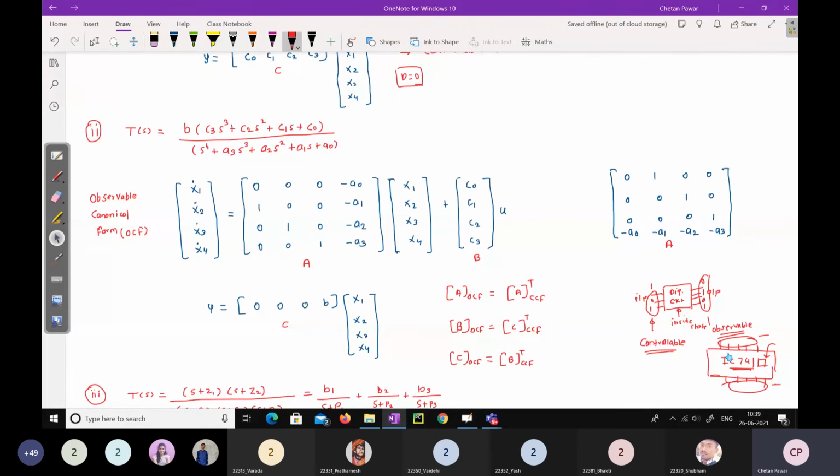Now there is a concept called controllability and observability related to that. That is not a part of our syllabus, but I need to tell you what is meant by observable and what is meant by controllable. You just consider this basic concept.